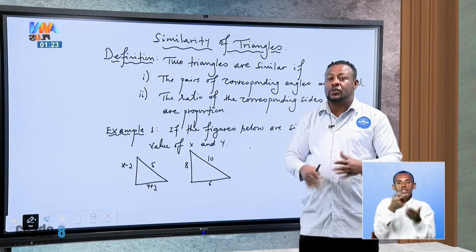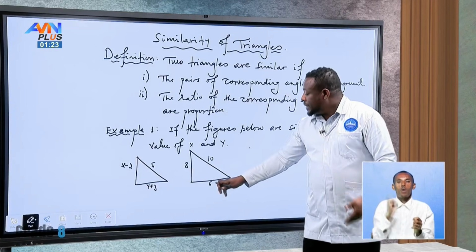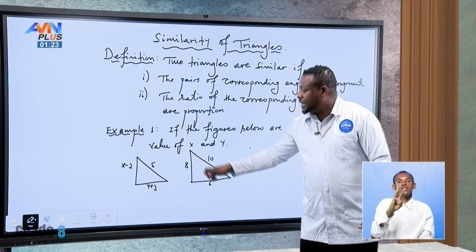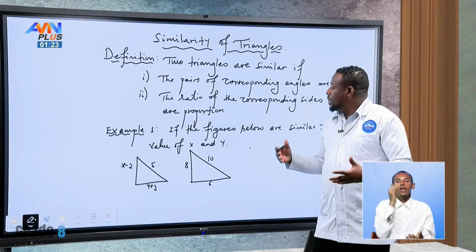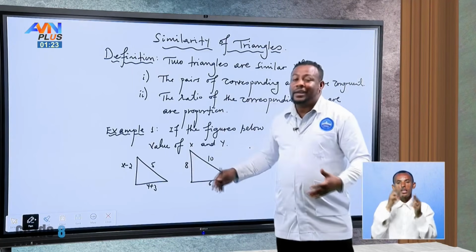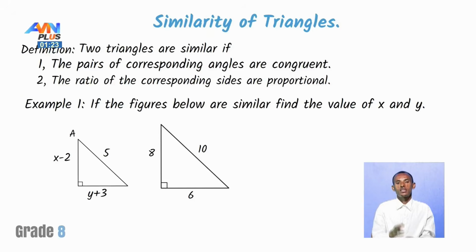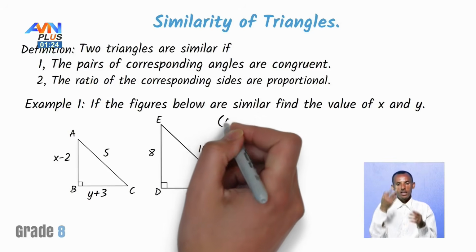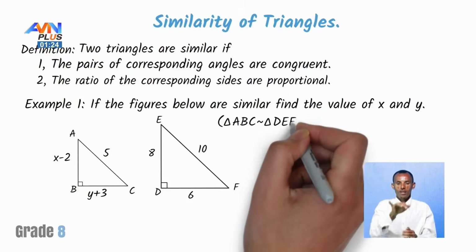Okay, these are the sides of one of the triangles. In the second triangle, we have sides 6, 8, 10. Okay, here, if we consider these two triangles are similar, say the vertices are A, B, C, and here to make it clear, make it D, E, F. Assume that triangle ABC is similar to triangle DEF.